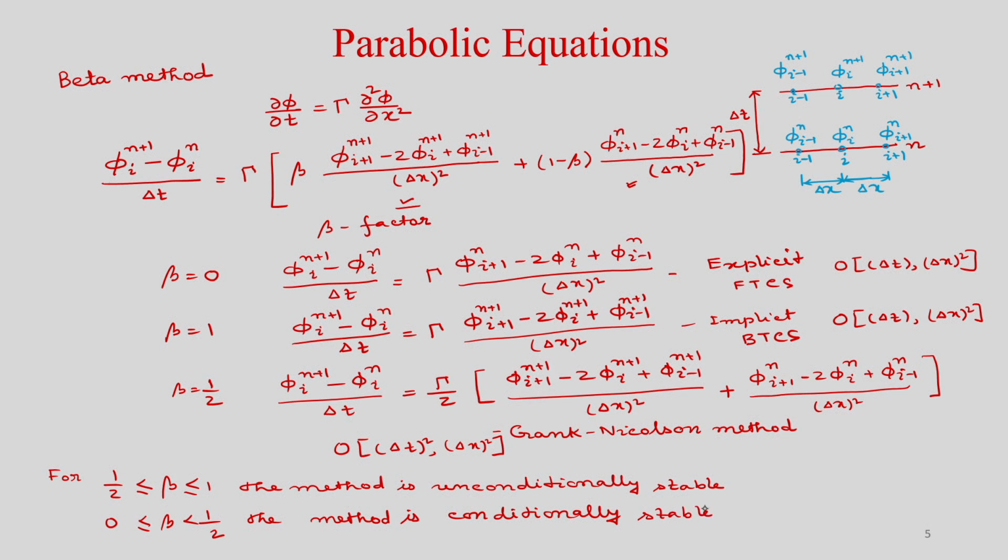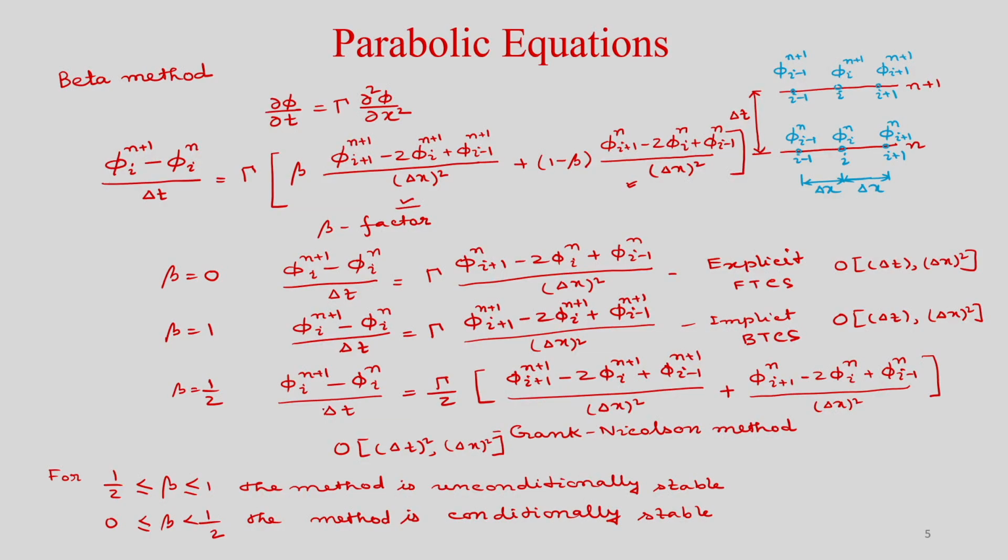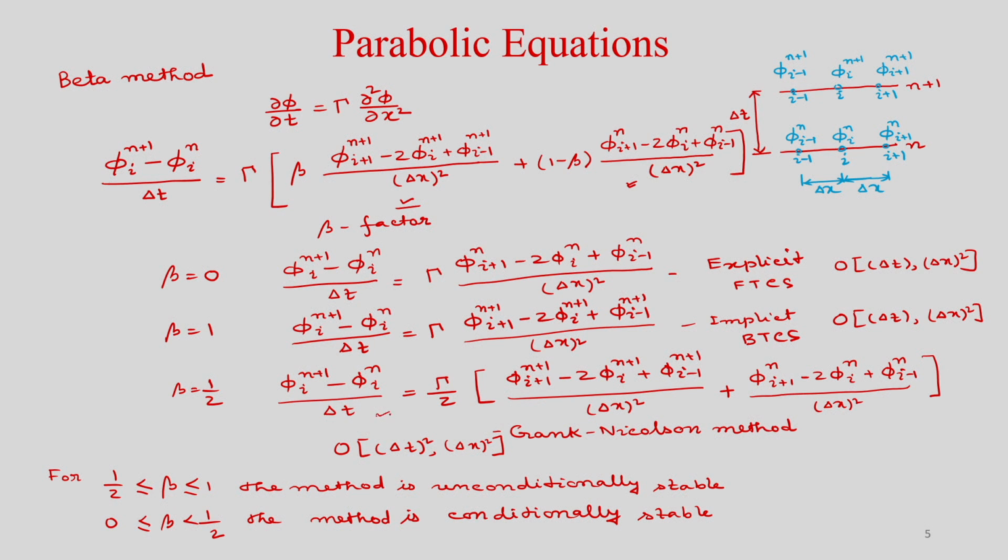Now we will show that the Crank-Nicolson method is second order accurate in time and space. How will we show it? From the discretization we have written here, you cannot easily tell that it is second order accurate in time. Obviously, you can see that it is second order accurate in space, but from this discretization of the time derivative you cannot easily say it is second order accurate in time.